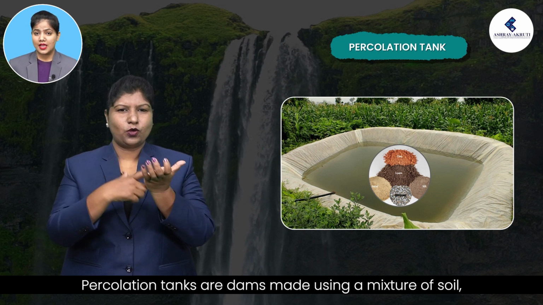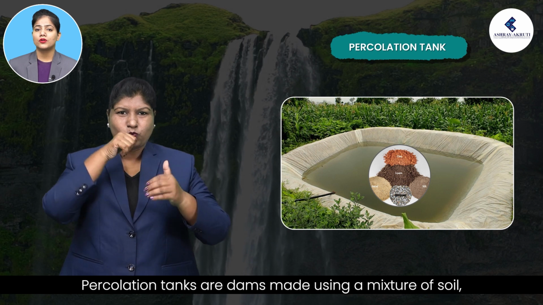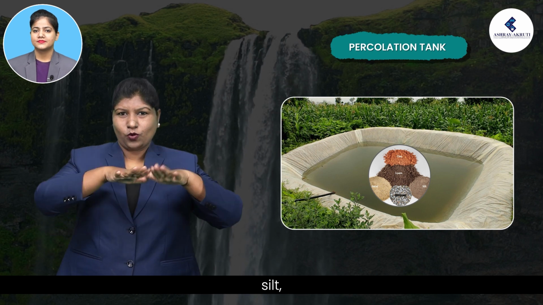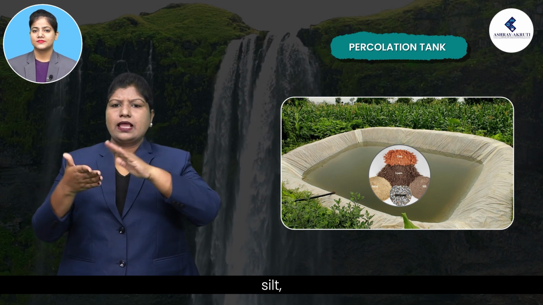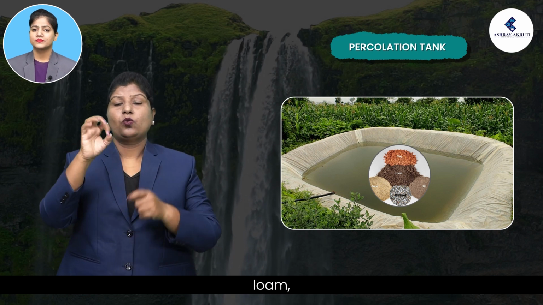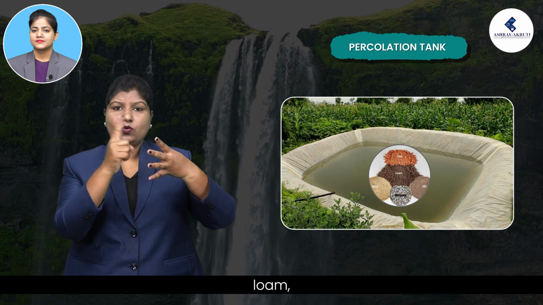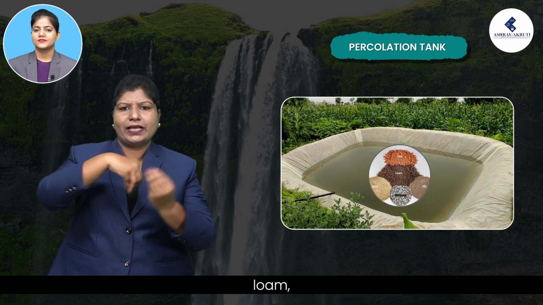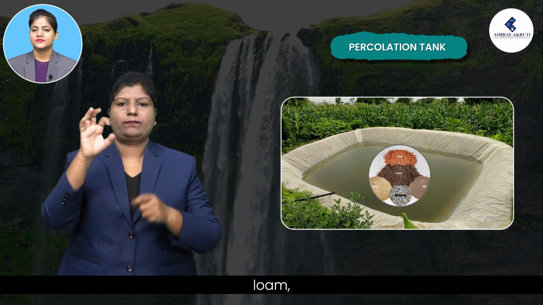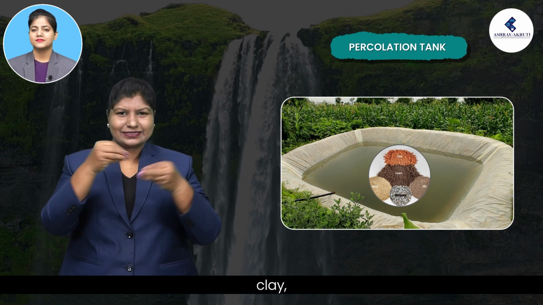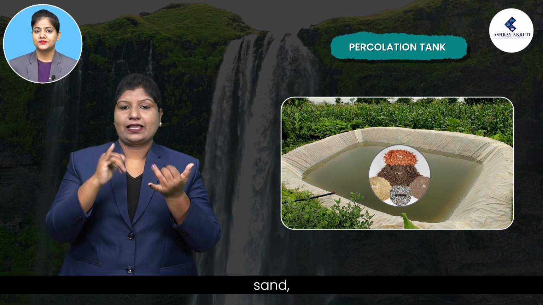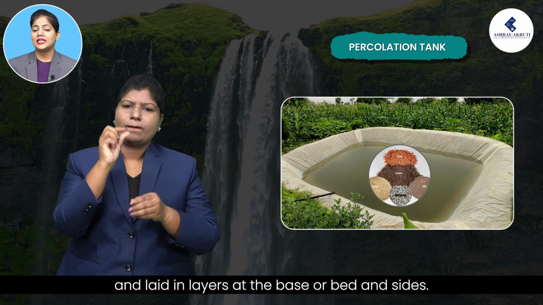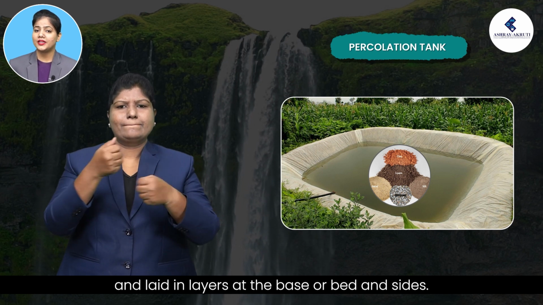Percolation tanks are dams made using a mixture of soil, silt, loam, clay, sand, and gravel, and laid in layers at the base or bed and sides.